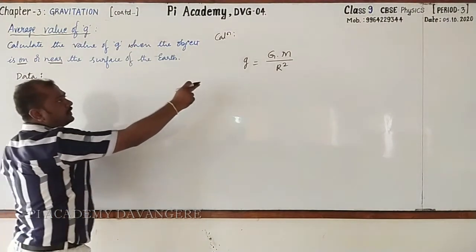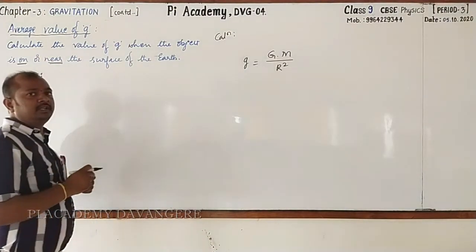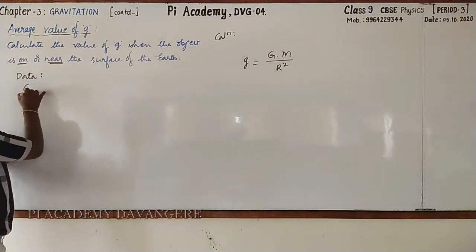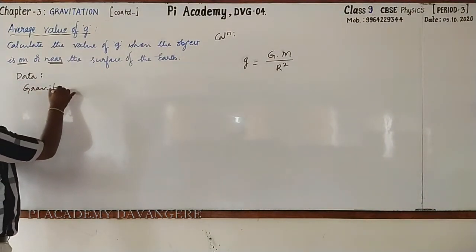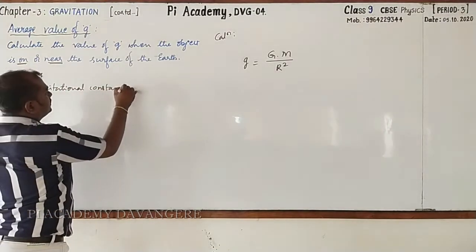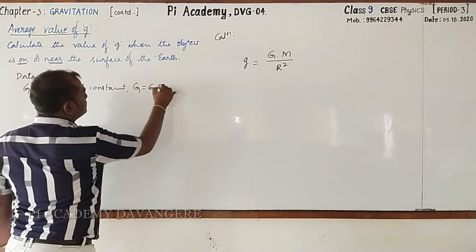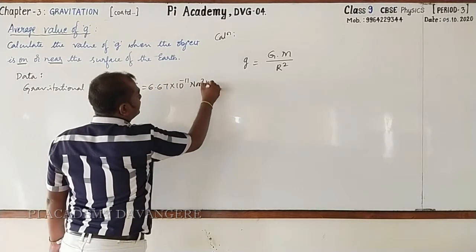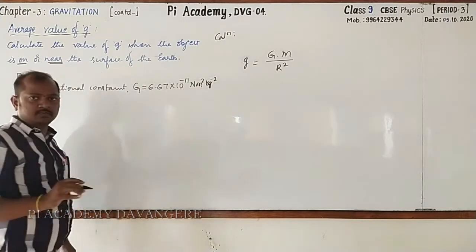Now, first, what is capital G? It is the gravitational constant, that is capital G is equal to 6.67 into 10 raised to the power minus 11 Newton meter square kg to the power minus 2.